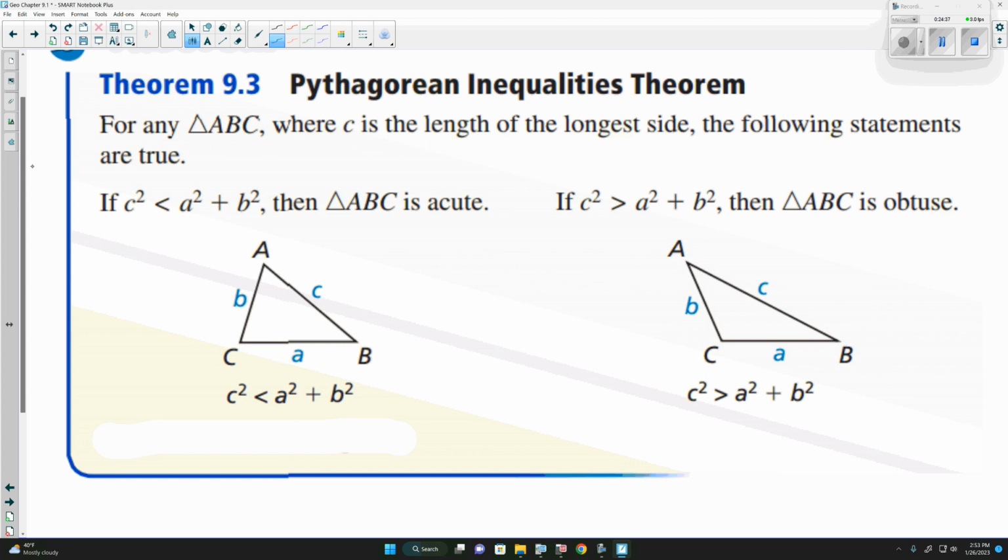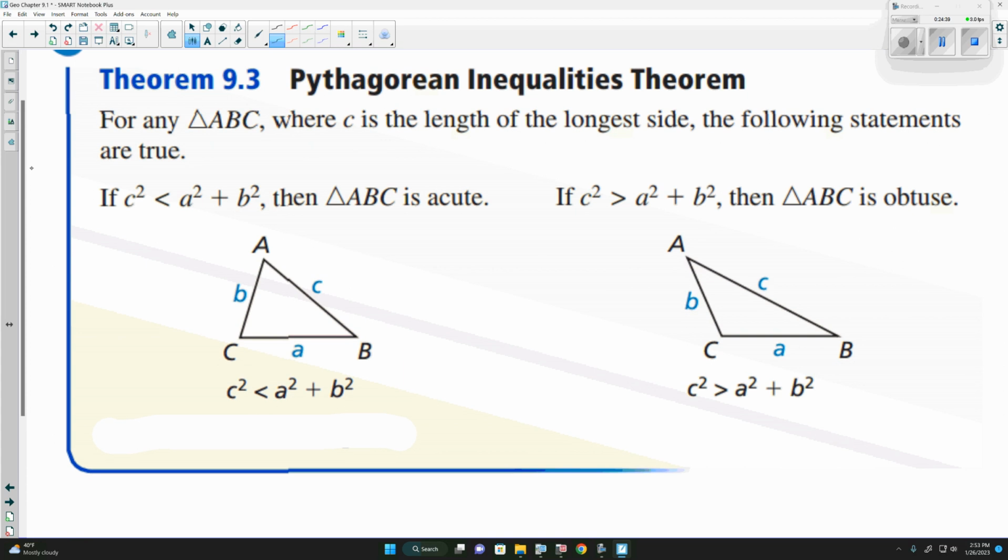The last one we have is the Pythagorean inequalities theorem. If a squared plus b squared equals c squared, then it's right. If c squared is greater than a squared plus b squared, it is obtuse.